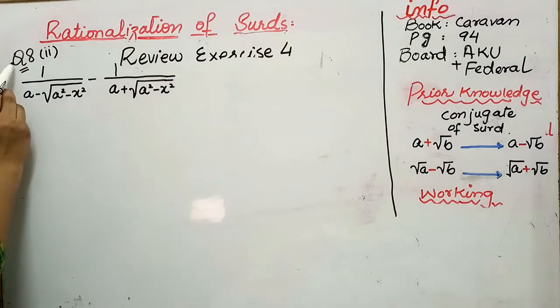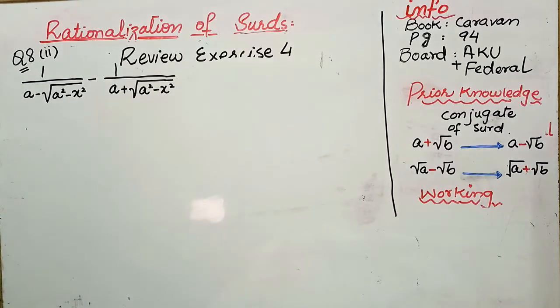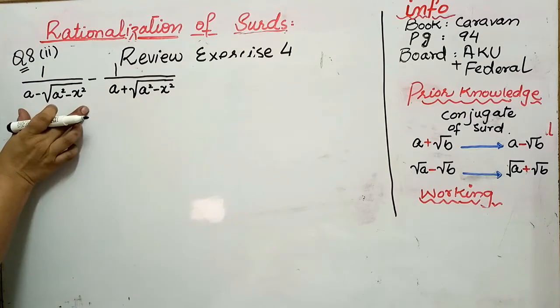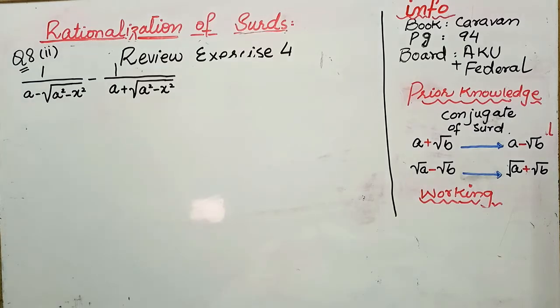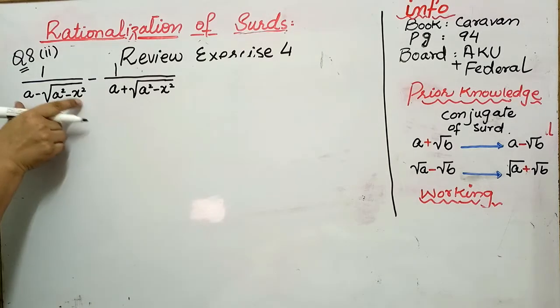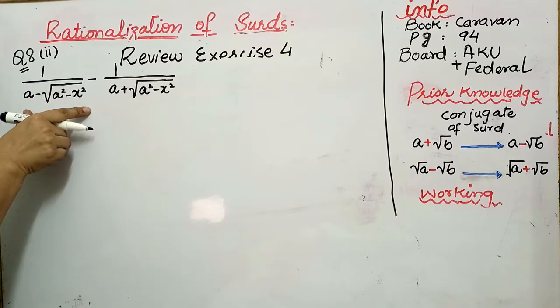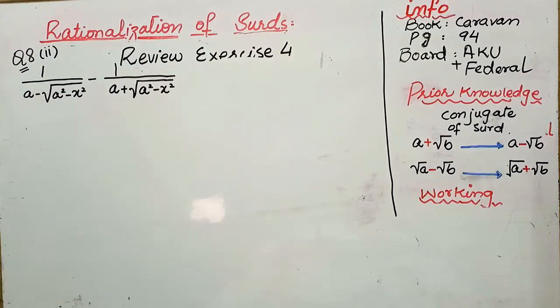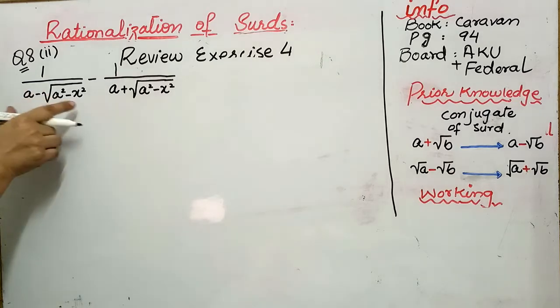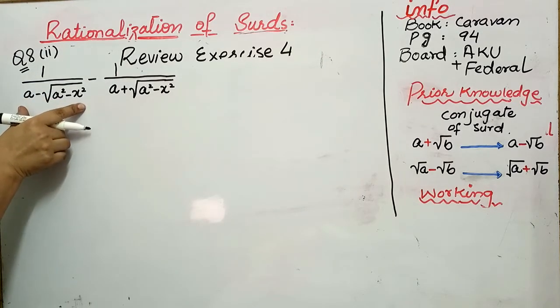Now we are going to solve question number 8, its second part. Question number 8, first part is the same as this one. Here both terms are in the form of a fraction and the denominators of both terms are binomial. So we have to simplify it. For the simplification we need to convert the denominator into a rational number, that is, eliminate the radical sign from the denominator.